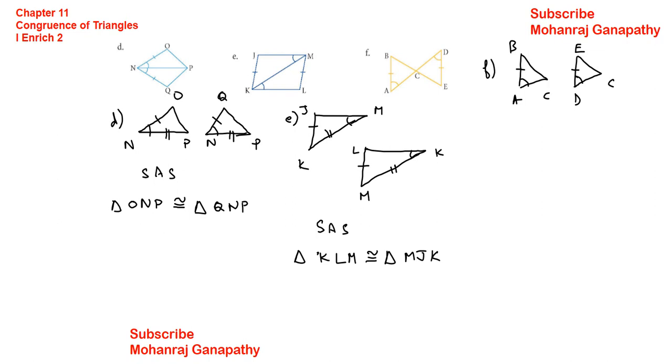You can take AC as a common side. Angle, side, angle. C is a common side, so angle C can be taken, or angle B and E. Angle, side, angle. Triangle ABC is congruent to triangle DEC.